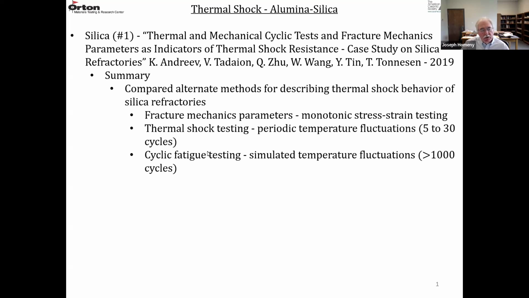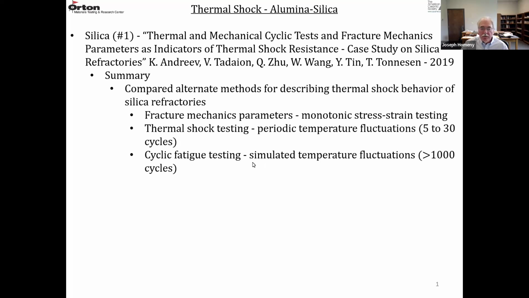And they also did cyclic fatigue testing, and they're claiming this simulates the temperature fluctuations. So thermal shock testing produces a thermal stress, but if you put the same sample on a mechanical test machine and cycle it at different strain limits, you can simulate the stresses that develop in thermal shock testing.